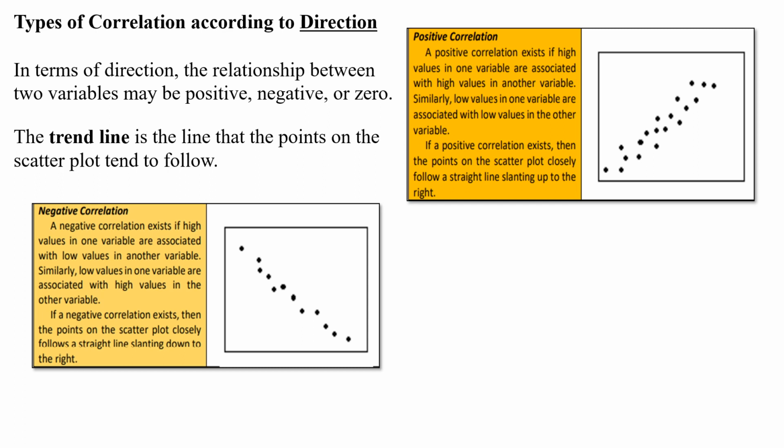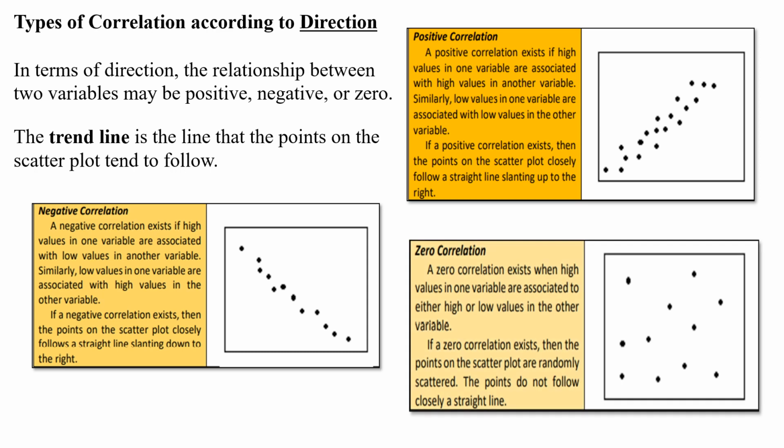scatter plot. Okay? So next, the zero correlation. Okay, so zero correlation exists when high values in one variable are associated with either high or low values in another variable.